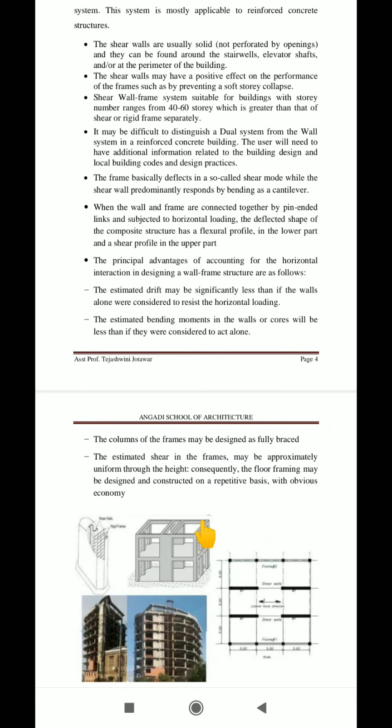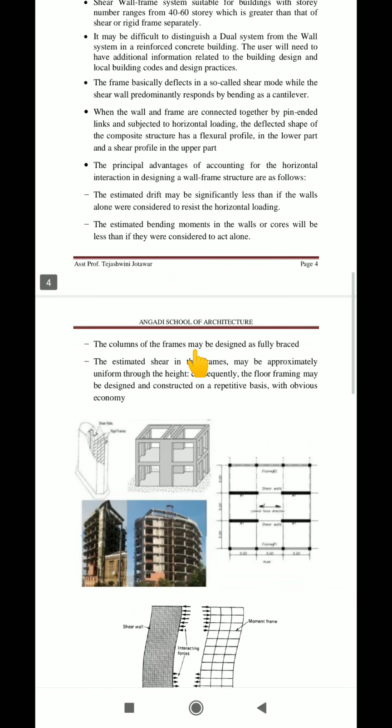The principal advantages accounting for a horizontal interaction in designing a wall frame structure are as follows. One is the estimated drift may be significantly less than if a single system is used. Then the estimated bending moments are comparatively much reduced. Then shear in the frames may be approximately uniform throughout the height.